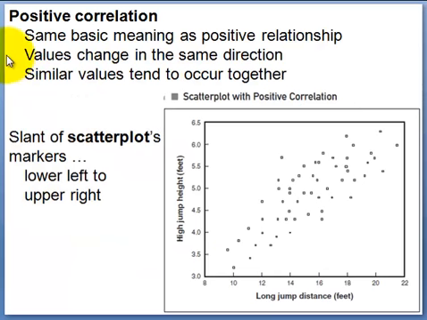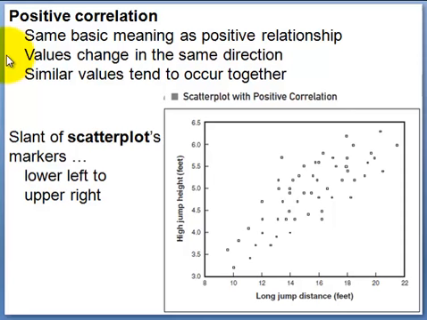So correlation between two numeric variables can be either positive or negative, and we'll talk about some other patterns of relationship too, but for the present, let's keep things straightforward.